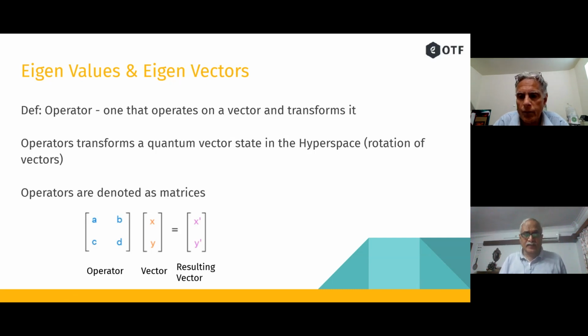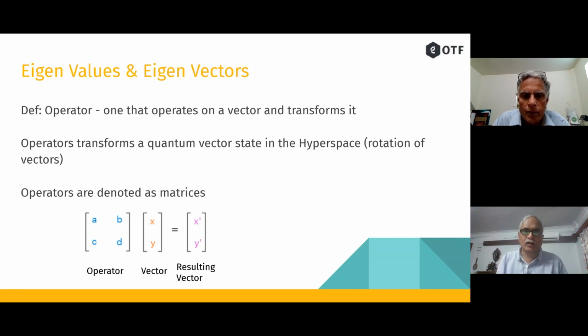So first and foremost, we will say that we have an operator, right? That operator typically, like we have seen, could be the sigma z operator, and that operator operates on a vector. Now that particular vector could typically be our ket 0 or ket 1, the spin up or the spin down type of vector.